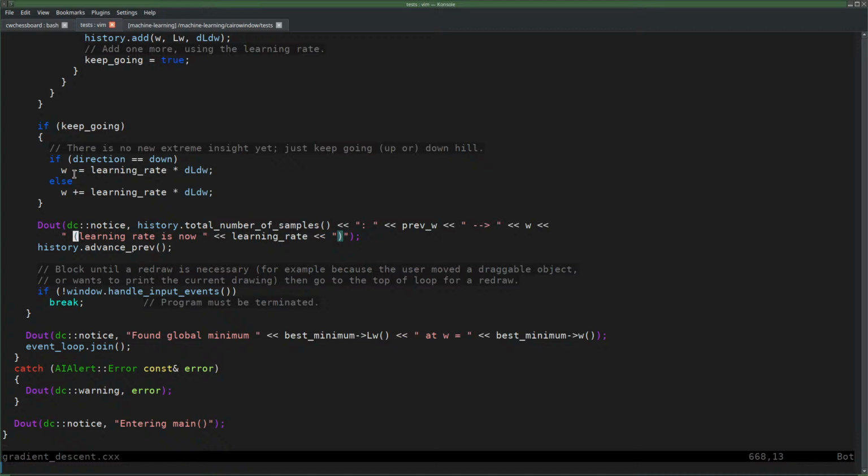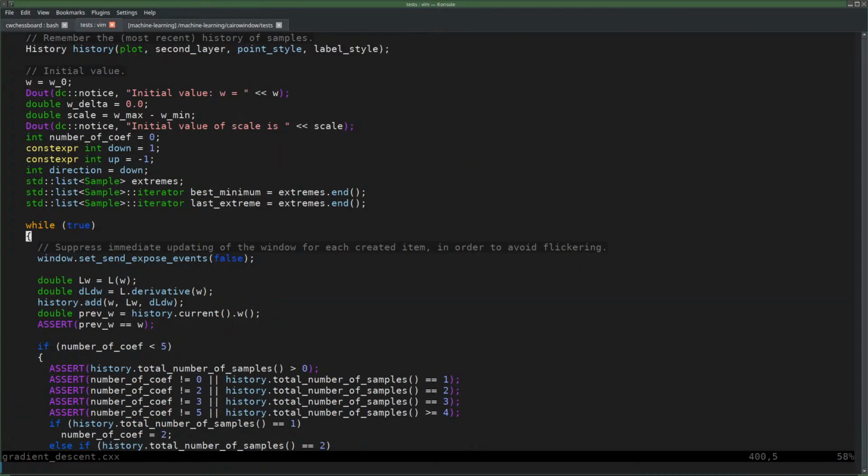So this is shortly after we calculated the new W, and then it's hanging here until I press space. But yeah, that's kind of silly because immediately afterwards it is adding the calculated W to my history, which then also draws it.